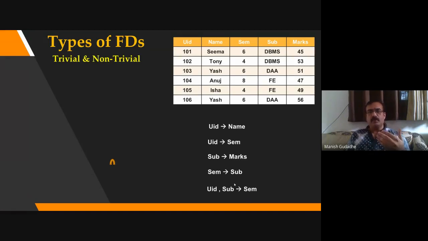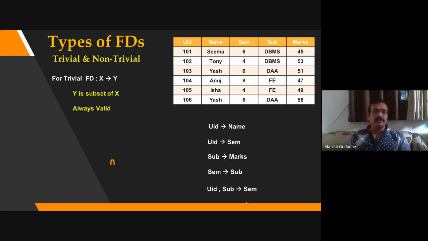There can be many more, but right now I am listing out 5. We need to find out which of them are trivial, which of them are not, and why we are doing it. We are doing it to check whether the FD which we have mentioned is valid or not.